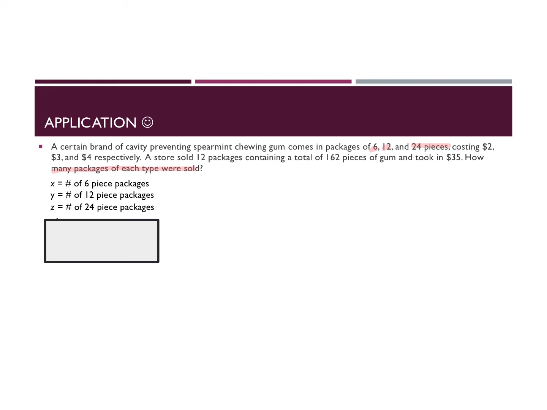And notice we have 6 pieces, 12 pieces, and 24 pieces, obviously. And then notice we have this total gum. So we can set up an equation that refers to the total gum, which is 6x plus 12y plus 24z equals 162. We also know that the store sold a total of 12 packages, so we can say x plus y plus z equals 12.